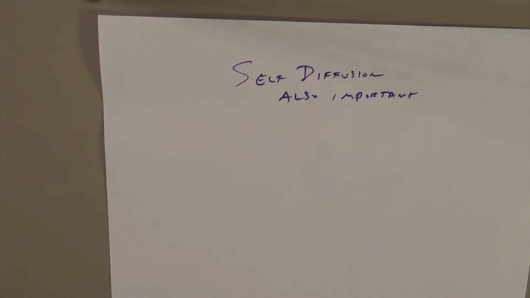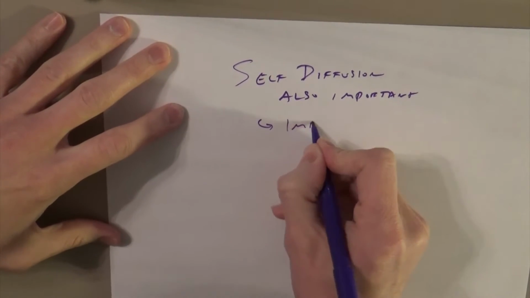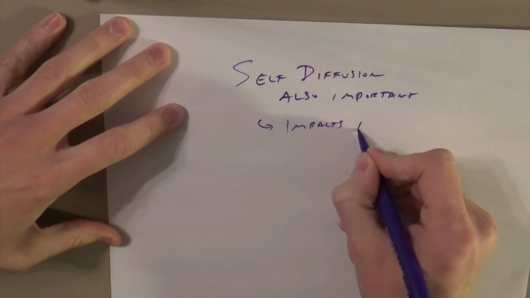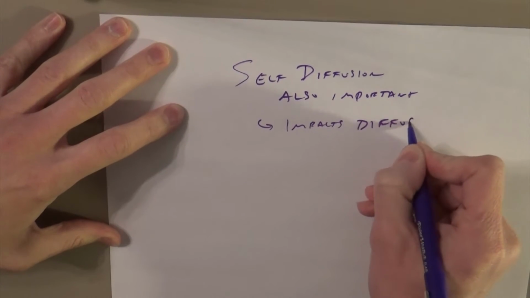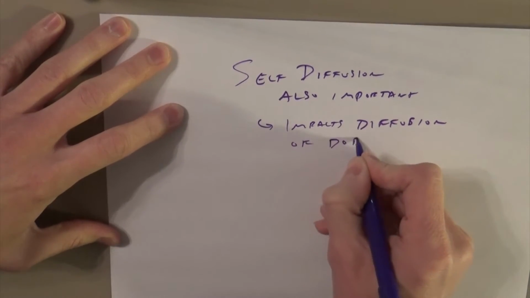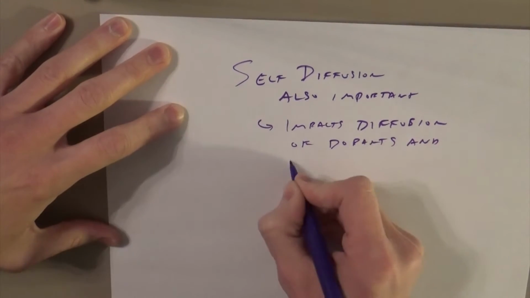And the important thing is that this self-diffusion impacts the diffusion of other species. So let's say it impacts the diffusion of dopants and impurities.